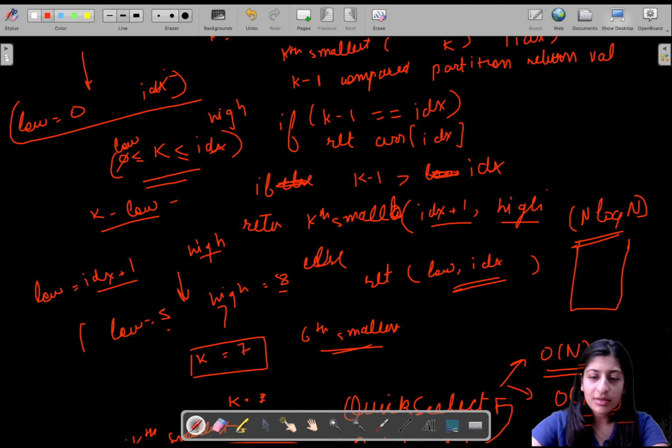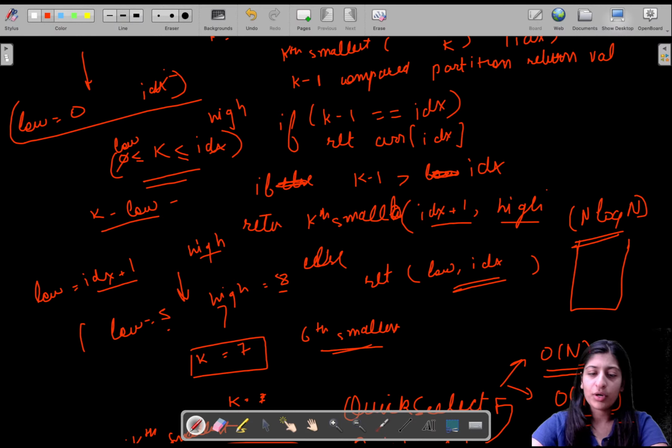Okay, now in this problem, first of all you will take a partition pivot element. Your pivot will be your ARR of right. Here they have taken R as high; we have taken high, they have taken right, R. So I hope you can understand this.